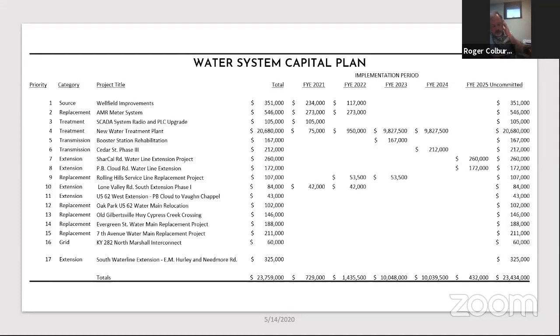SCADA improvements that we desperately need to take care of some out-of-date technology that has frequency failure issues that result in high labor costs responding to it, and then continuing the study on the new water plant, and then this money for Lone Valley Road extension that was projected. And we'll talk about that later on too.